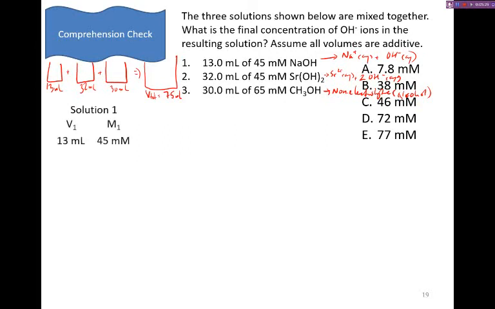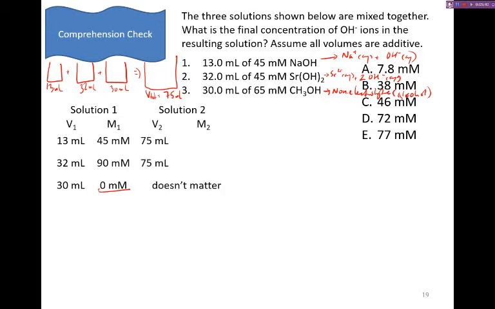So we can organize that information in a table format here. Again, this is 0 concentration of hydroxide because it's a non-electrolyte. Our final volume is going to be the 75 milliliters, and we're asked to find the final concentration. So we're going to solve for each one individually and then combine them together.